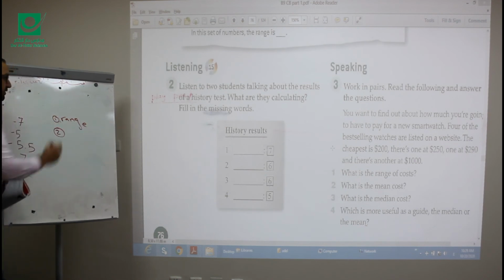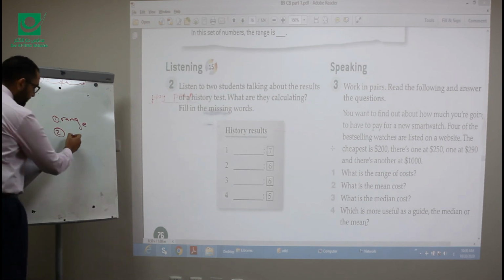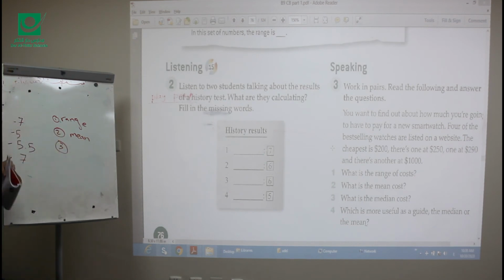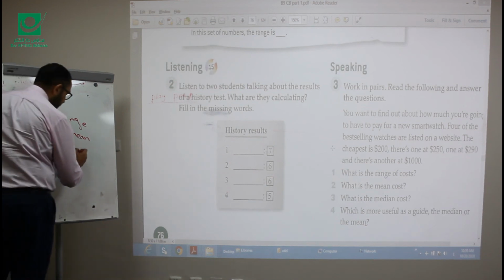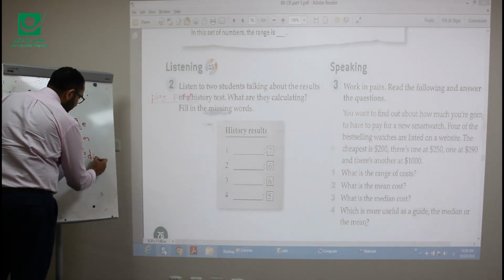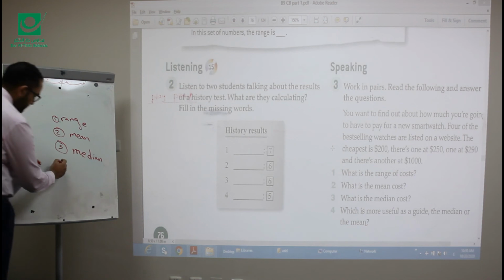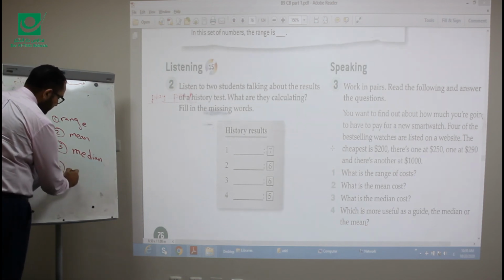The second one, the calculation result is 6, and that was for the mean. We also have 3, which is the median. And the calculation result for number 4 was 5, which is the mode.